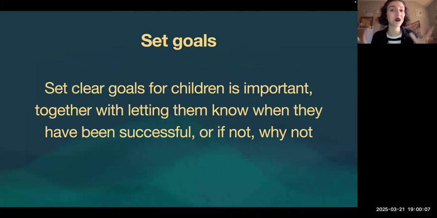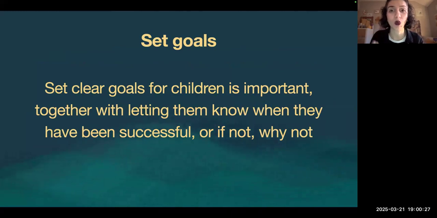And setting goals, I think it's very, very important. Set clear goals for children. Make sure that they know what the task is about and what they have to achieve, letting them know when they have been successful, or if not, why not.